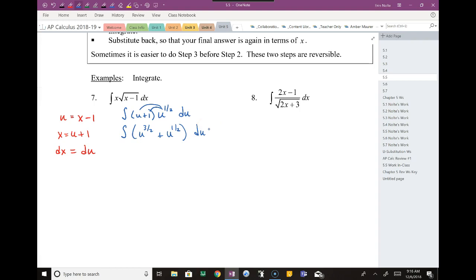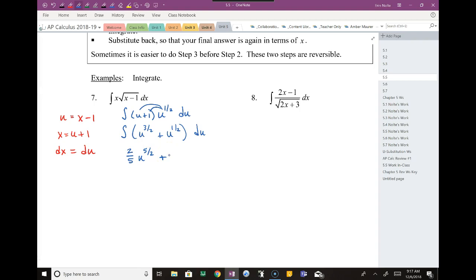So what is the integral of u to the 3/2? 5/2. So u to the 5/2, if I divide by 5/2, that's the same as multiplying by 2/5. So u to the 5/2. Okay, integral of u to the 1/2.